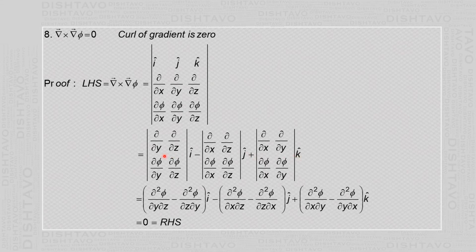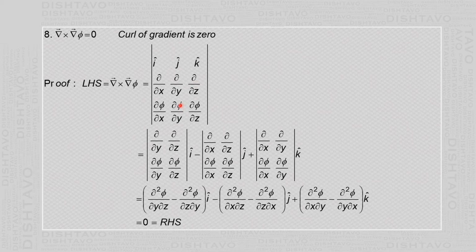To find this determinant in the first term, you cover the row and the column containing that multiplier i cap, and the remaining terms are to be written in this order in the first 2 by 2 determinant. That is dou by dou y, dou by dou z.